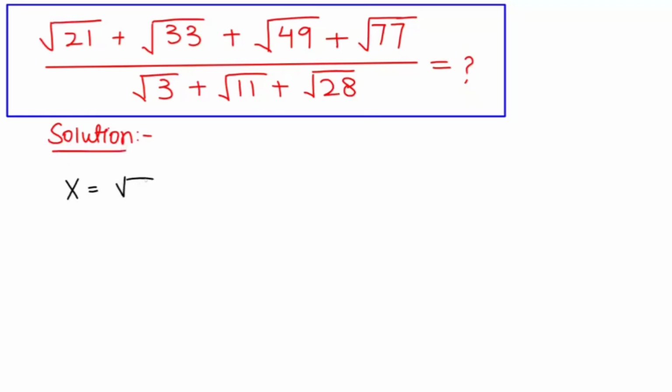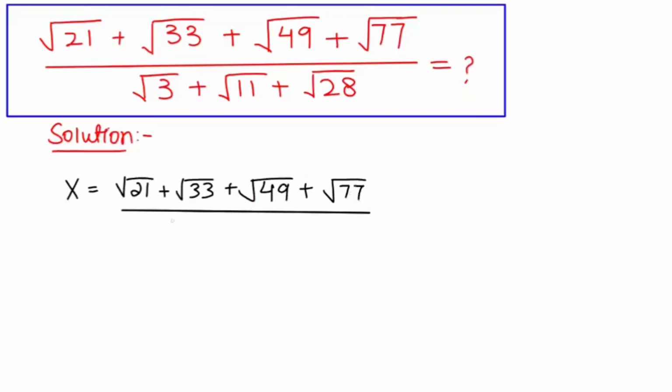Root of 21 plus root of 33 plus root of 49 plus root of 77 over root of 3 plus root of 11 plus root of 28. Now in the next step, I am going to split this 21, this 33, 49, this 77 and this 28.